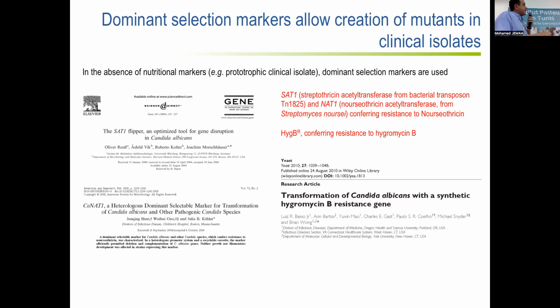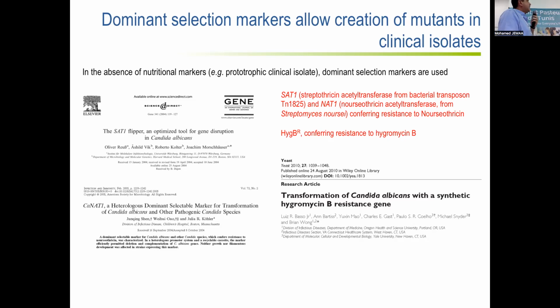And these include the markers for selecting mutants on a drug-containing medium, like nourseothricin, for example, or hygromycin B. So this is nice because you do not need, in this case, strains that are auxotrophic for certain nutrient components.